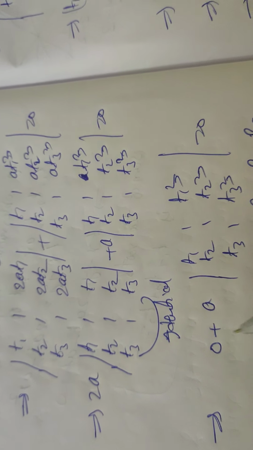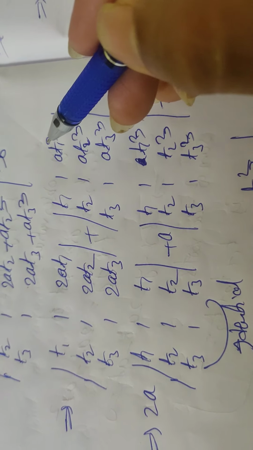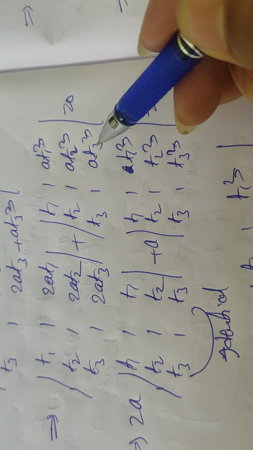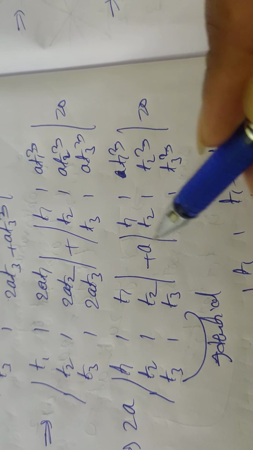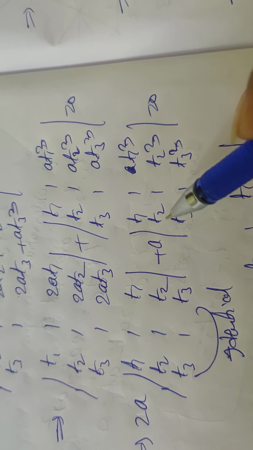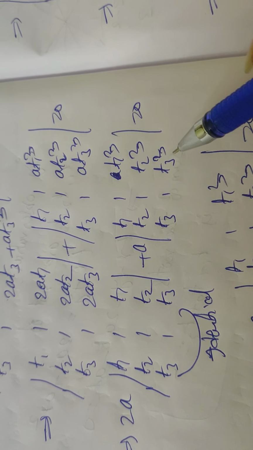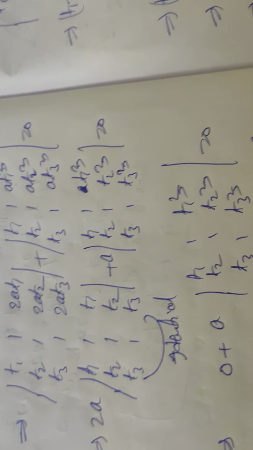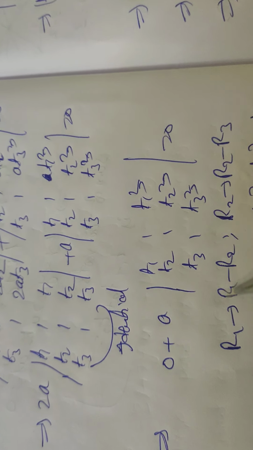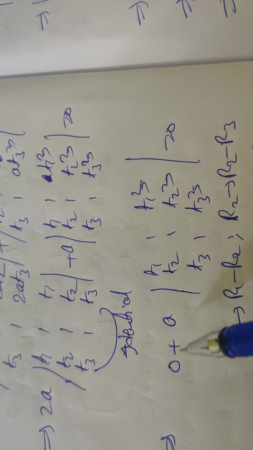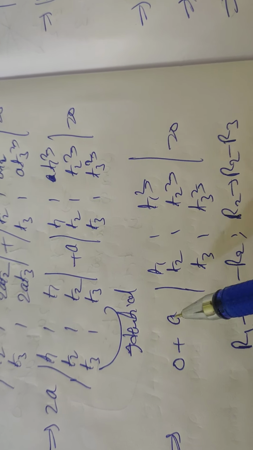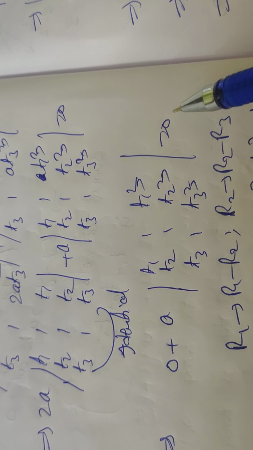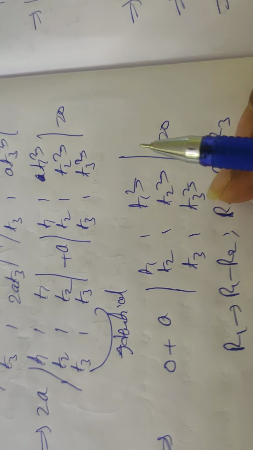So this becomes 0. And from the third column of the second determinant you can take a common, giving t1, 1, t1 cube; t2, 1, t2 cube; t3, 1, t3 cube is equal to 0. Here 0 divided by a gives 0 only, so no need to write a again.